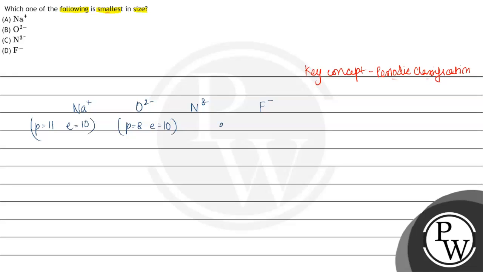Nitrogen के 3 negative में electrons are 7 plus 3, so 10 again. And protons are 7. And fluorine में protons are 9 and electrons are 10. So ये हैं इनकी protons and electrons.